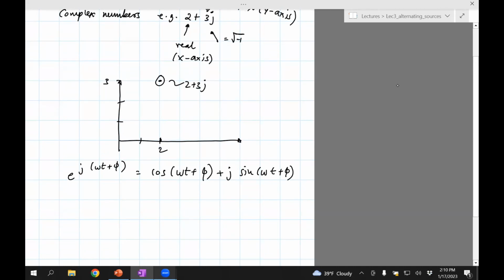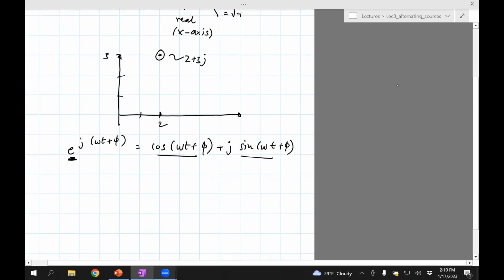I will not get into the details of how this comes about, but it's called Euler's formula. If you search for the exponential representation of complex numbers, you should see how this is derived, how this is equal to cosine plus sine.